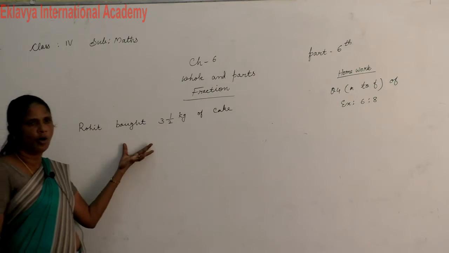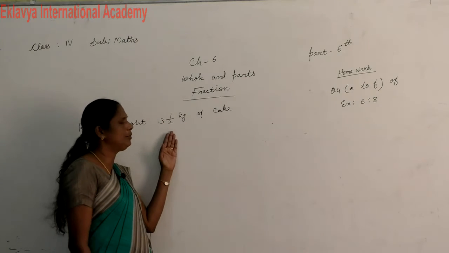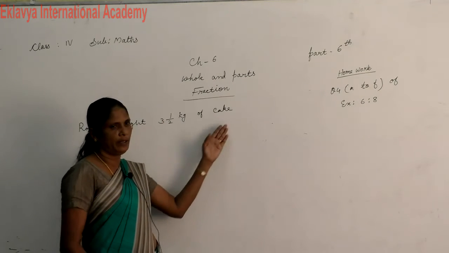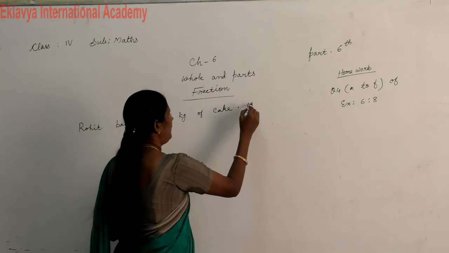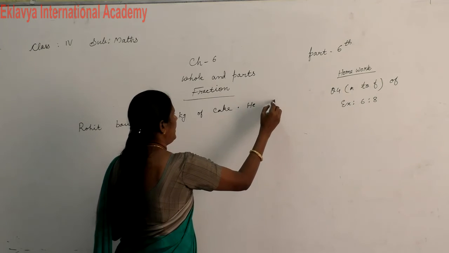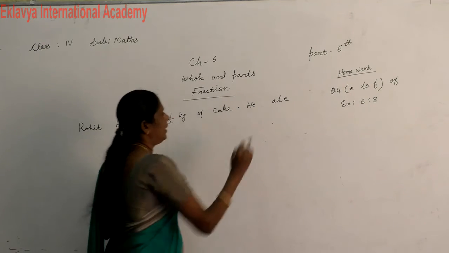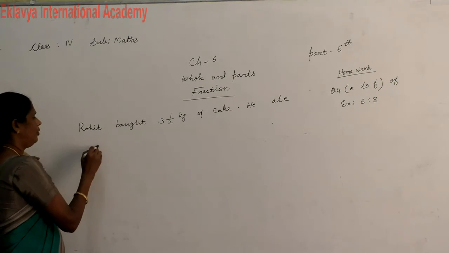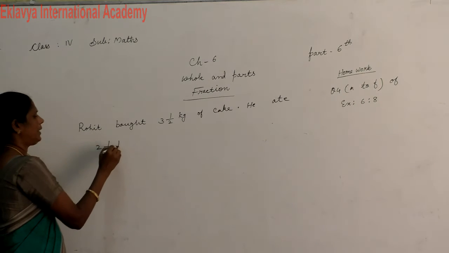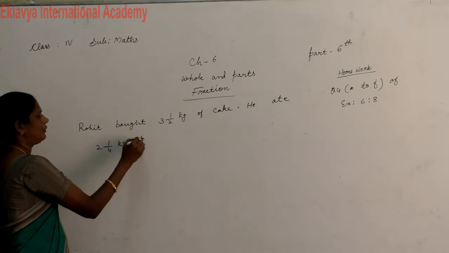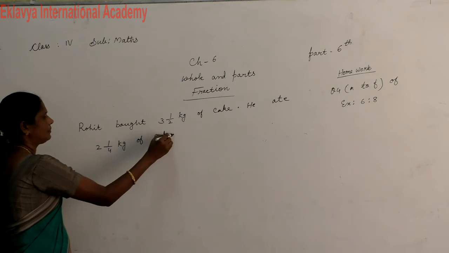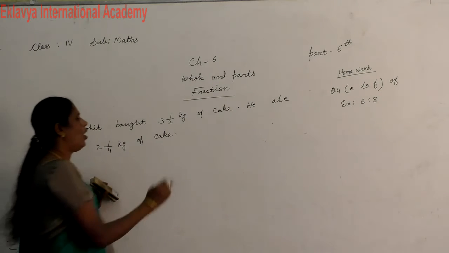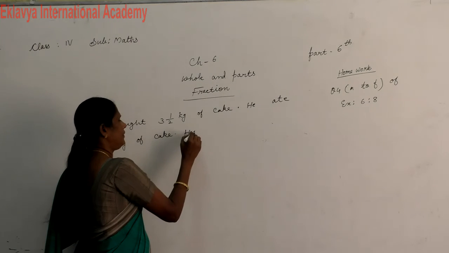Rohit bought 3 1 by 2 kg of cake. He ate 2 1 by 4 kg of cake. How much cake is left?